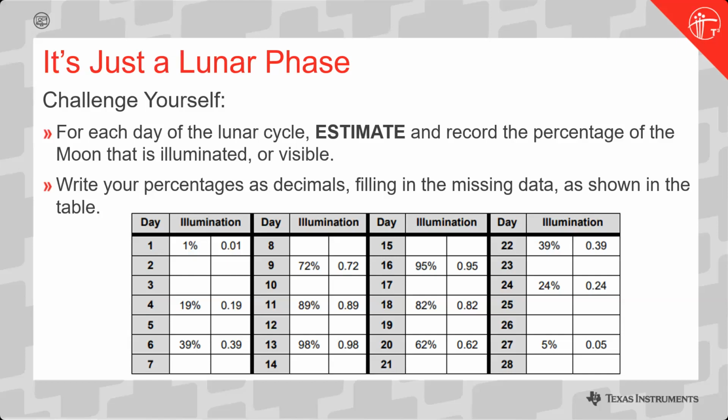And I want you to think really carefully as you're coming up with the numbers for these blanks. How are you trying to figure out what to put in those blanks? Do you have a strategy for how you're going to move through this table?